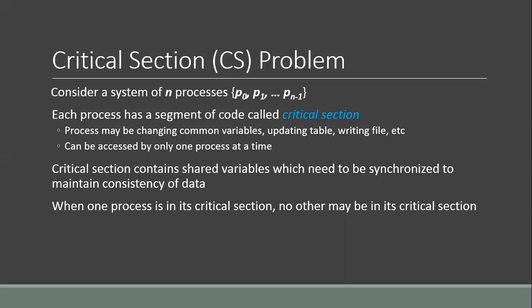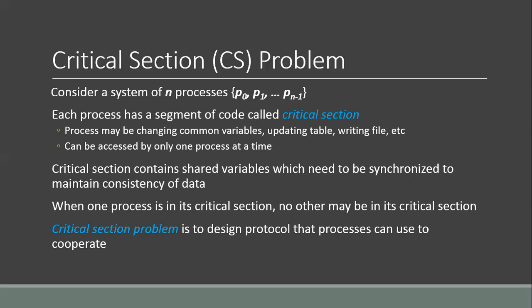And why do we need this restriction? This restriction is imposed because we want to ensure data integrity. The critical section problem is to design a protocol that processes can use to cooperate.